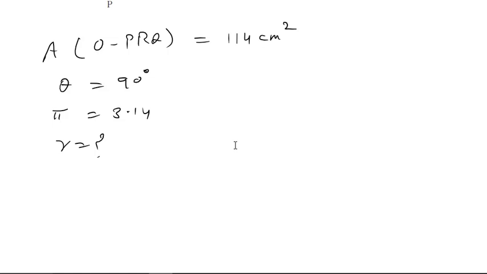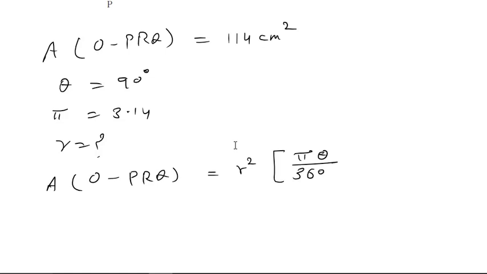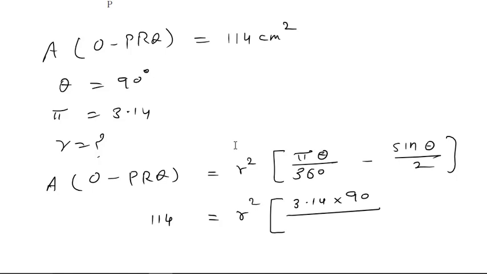So we know that the area of this shaded region OPRQ is R square into pi theta upon 360 minus sin theta upon 2. So this gives me R square. The value of R square we don't know. Here the area is 114, so 114 we know, into the value of pi is 3.14, into the value of theta is 90, divided by 360 minus the value of sin 90.